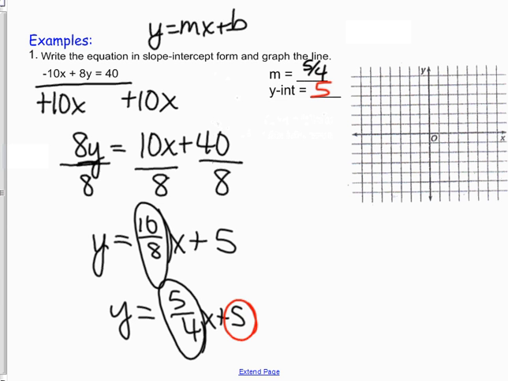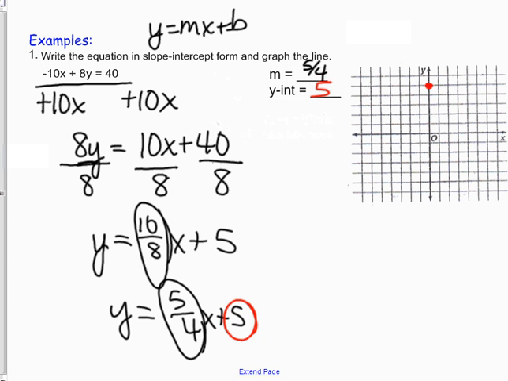So the first thing that we're going to do when we graph this line is find the y-intercept. We're going to count up 1, 2, 3, 4, 5. Here's the y-intercept. So the next thing I have to do is do the slope.